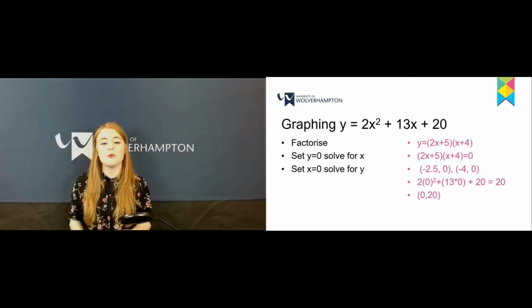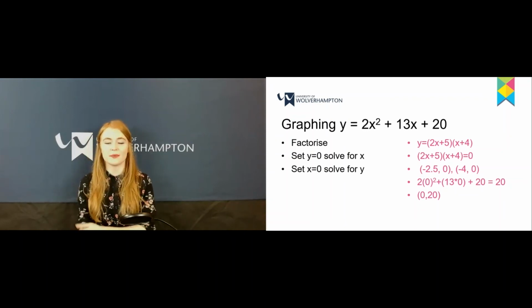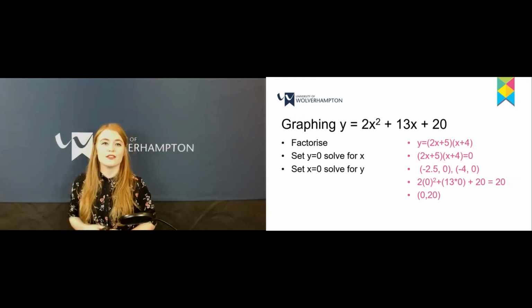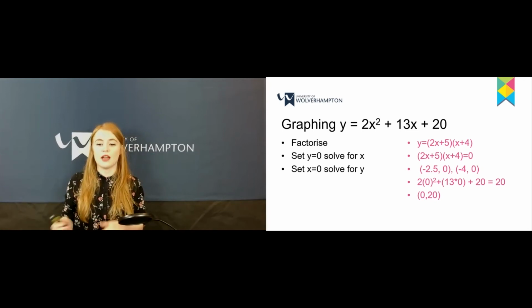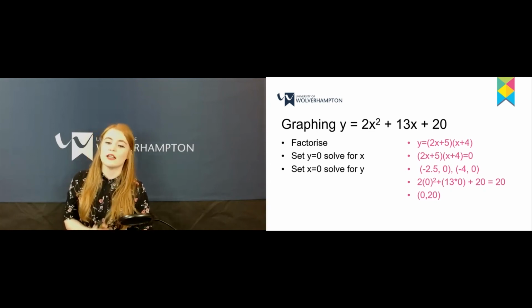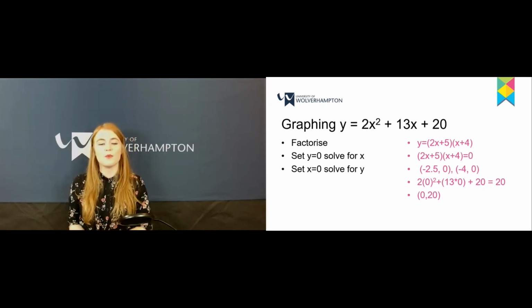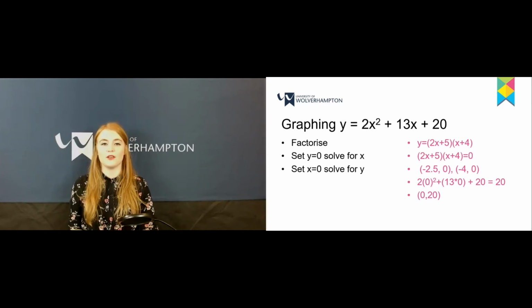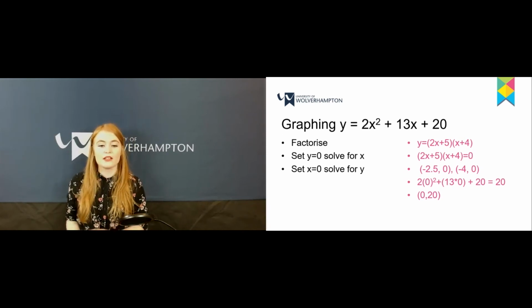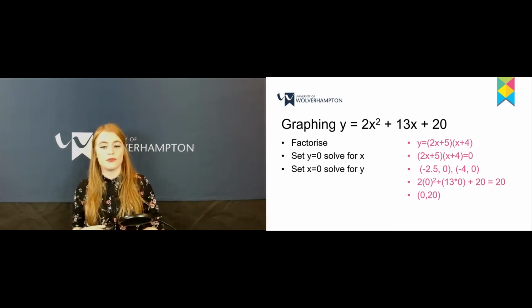Okay, so what if we wanted to graph this quadratic? Well, the steps that I would take is to factorise it first. So if you want to go back and look at the factorising steps, you can. But the way I'd factorise it is y equals 2x plus 5 in one bracket and x plus 4 in the other bracket. And then you can set y equal to 0 and solve for x.